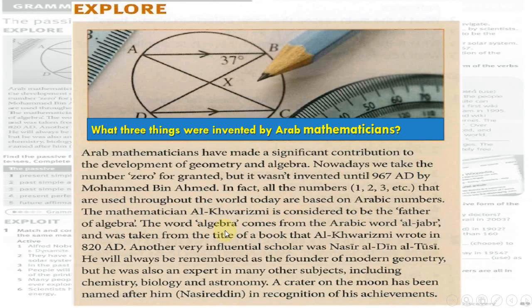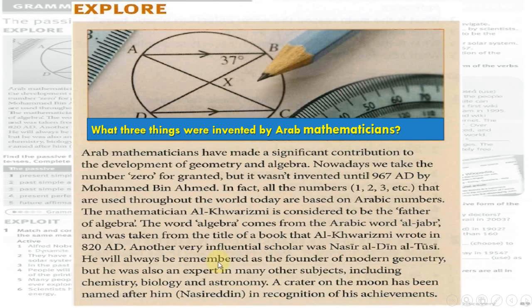The word algebra comes from the Arabic word al-jabr, and was taken from the title of a book that Al-Khwarizmi wrote in 820 AD. Another very influential scholar was Nasir al-Din al-Tusi.